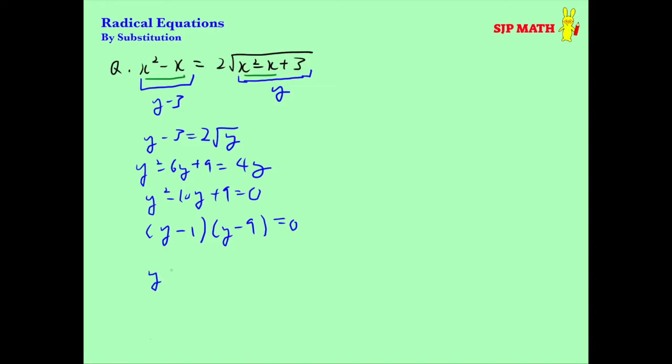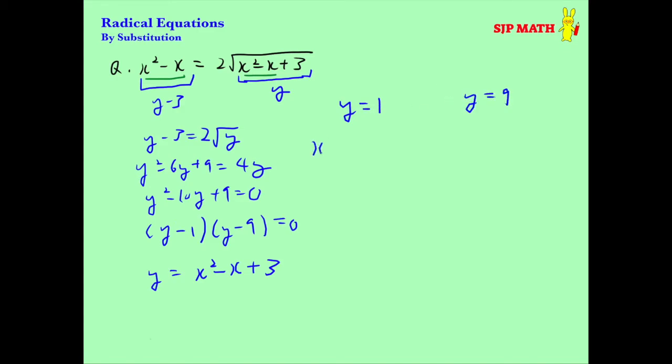So we know that y is equal to x squared minus x plus 3, and we know from our quadratic that y equals 1 or y equals 9.